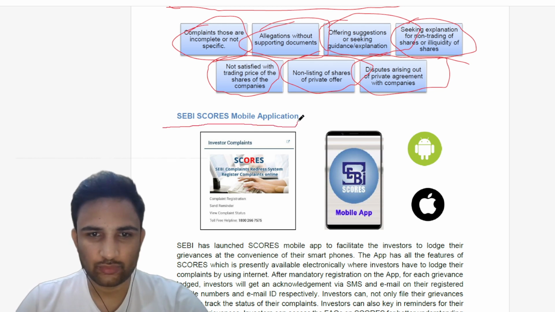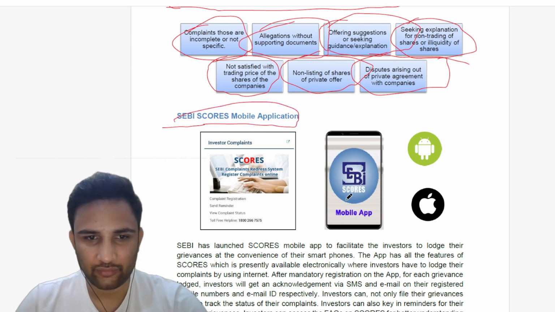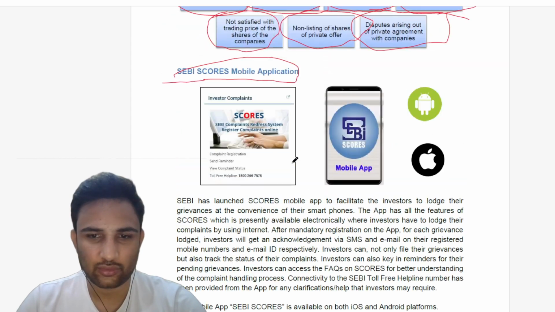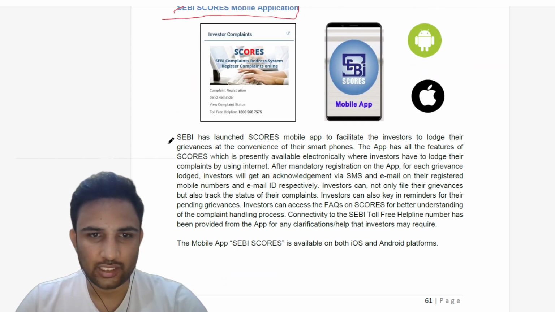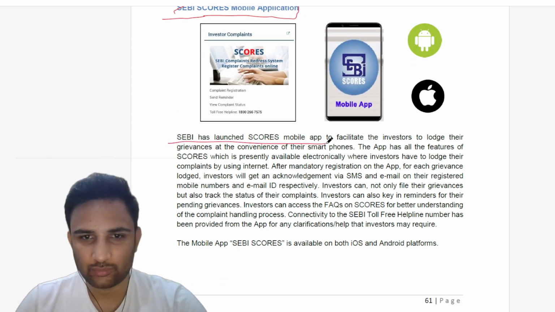What is the SEBI SCORES mobile application? This is an interface of the SEBI SCORES mobile application. SEBI has launched the SCORES mobile app to facilitate investors to lodge their grievances at the convenience of their smartphones. The app has all the features of SCORES, which is presently available electronically, where investors have to lodge their complaint using the internet.